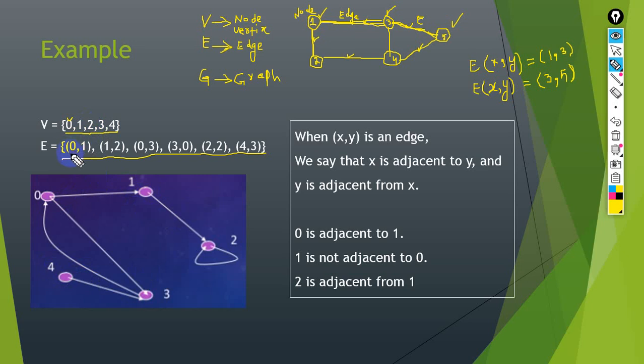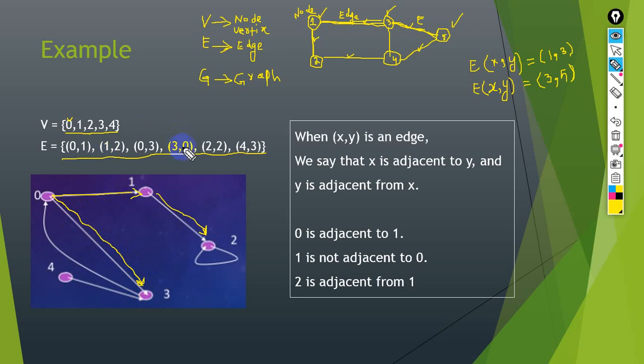Here 0 1. What does it mean? It means we have an edge from 0 to 1. Next, we have an edge from 1 to 2. And we also have an edge from 0 to 3.